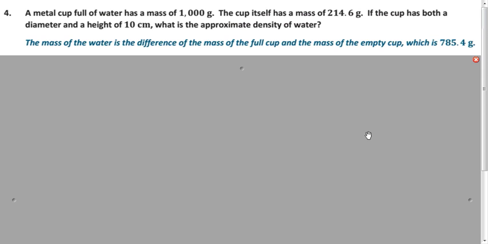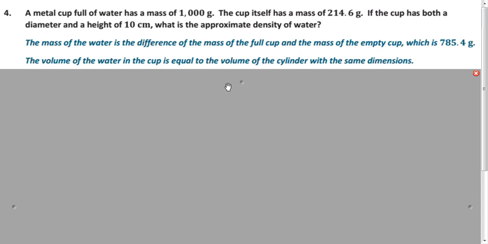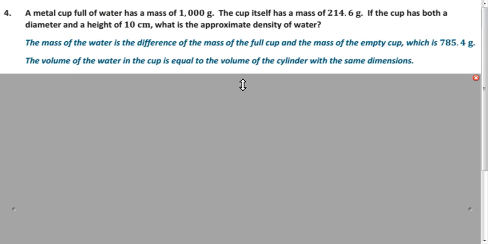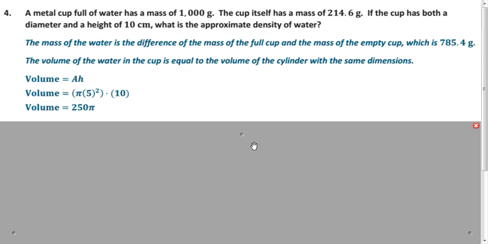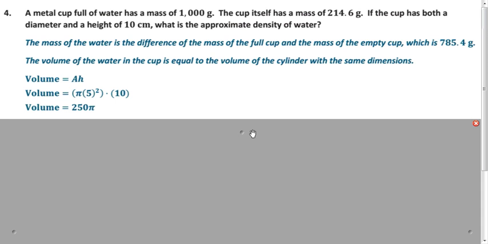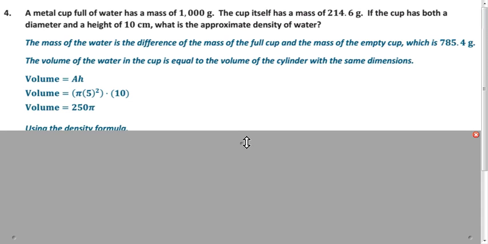Now we have to figure out the volume. Well, it tells us it has a diameter and height of 10 centimeters, so it's a circular cylinder. So it's going to be pi radius squared times the height. If the diameter is 10, the radius is 5, and the height's 10, they give us that. And so we get 250 pi. We're not going to round until the very end if we need to.